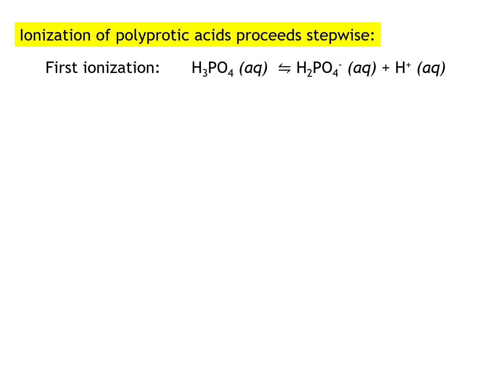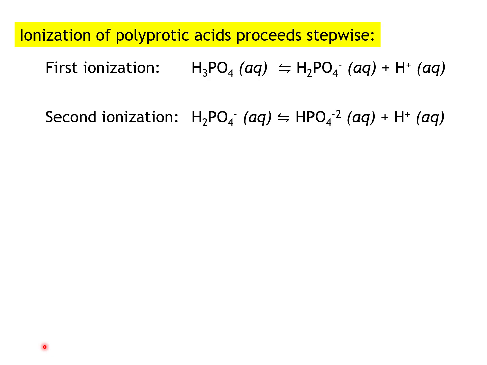All right, so when you have polyprotic acids, all of those acidic hydrogens do not come off all at once. So they are going to come off in a stepwise fashion, one hydrogen ion at a time. So in the case of phosphoric acid, we're going to go from phosphoric acid to dihydrogen phosphate and hydrogen ion.